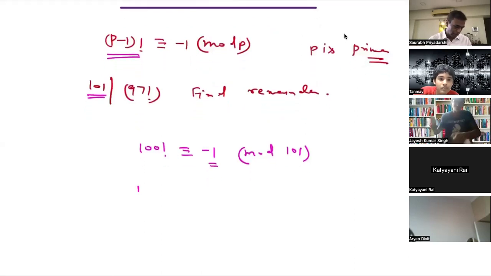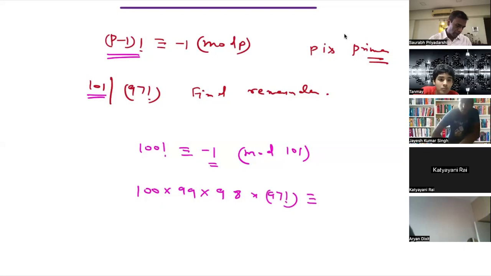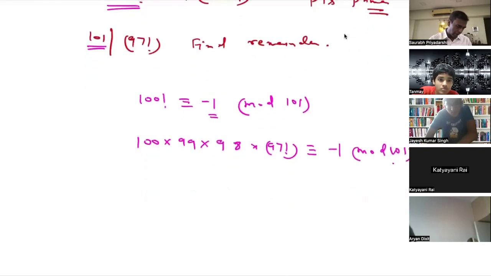So I can write 100 into 99 into 98 into 97 factorial congruent to -1 mod 101. See, this is -1, this is -2, this is -3.